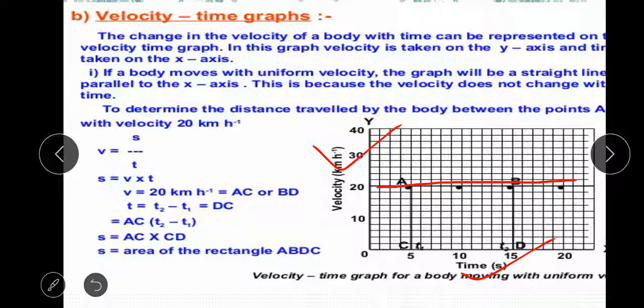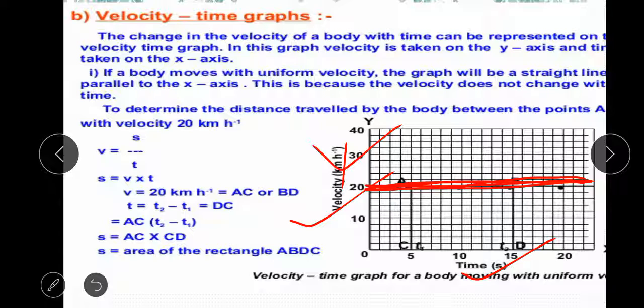Why can you say that this is uniform velocity? Because the velocity is 20 km per hour for any time interval. It is not changing at all. Hence the velocity is constant. So this is the graph for uniform velocity.